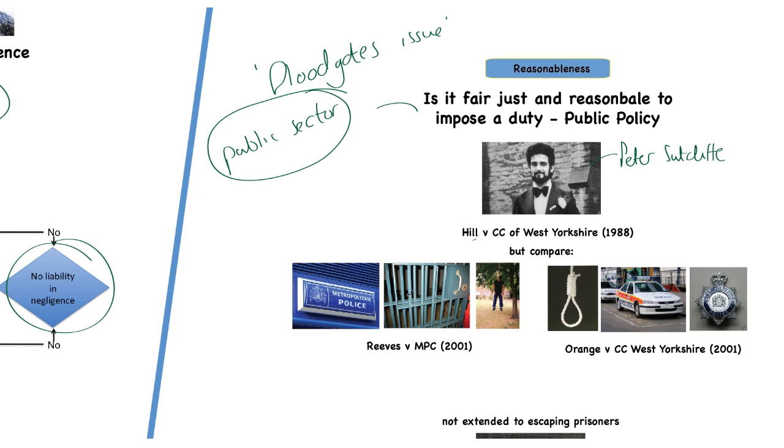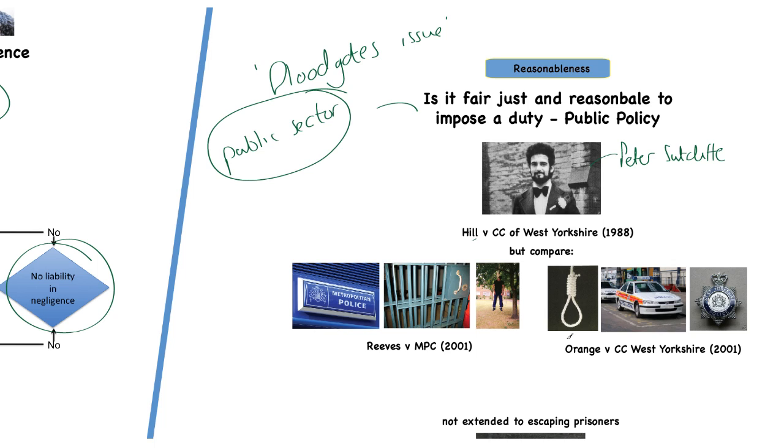If we compare Reeves with Orange, the defendants were again the police force, and the claimant was again in police custody. Well, she's the wife of the husband who was in police custody, and the husband commits suicide, again by hanging himself with his belt from the gate of the cell.